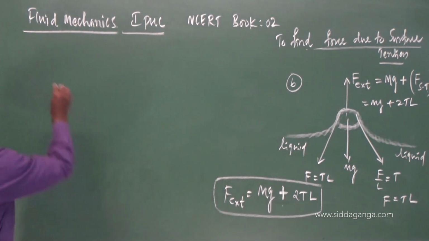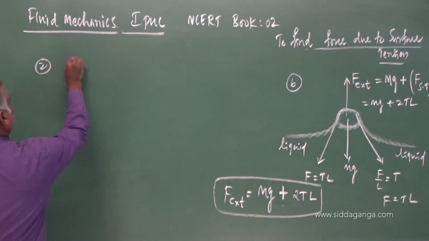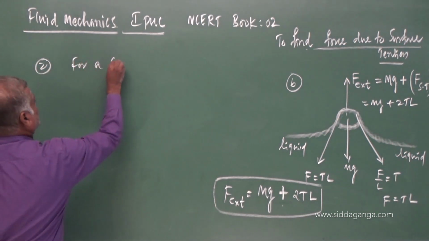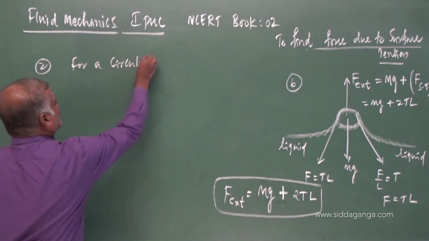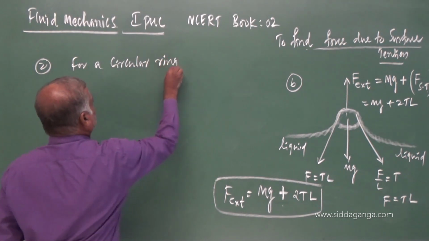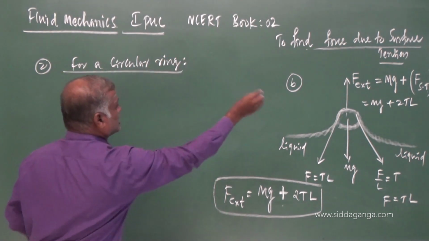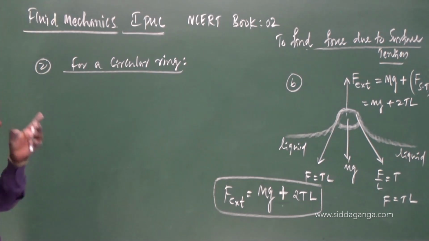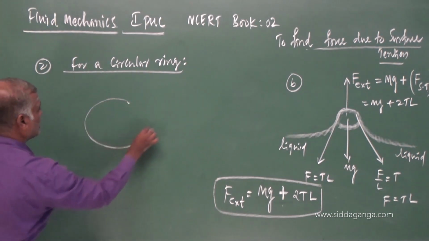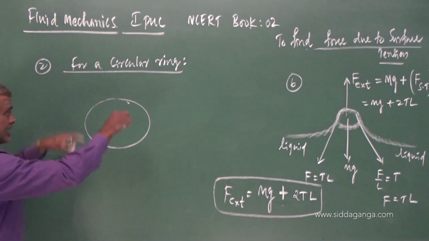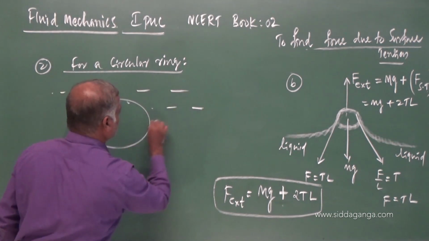With the same knowledge, my dear students, for a circular ring, you take the same knowledge. There is a circular ring which is dipped on the free surface of liquid.